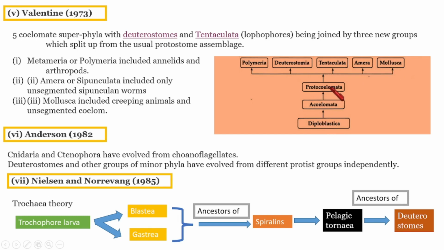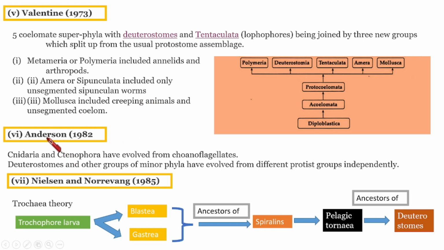These 3 new groups have emerged as a split from the usual protostome assemblage, and form a part of these 5 coelomate superphyla proposed by Valentine. Then what about Metameria, or Polymeria? It includes annelids and arthropods. Emeria, or Siphunculata, includes only unsegmented siphunculate worms. And Mollusca includes all the creeping animals with an unsegmented coelom.